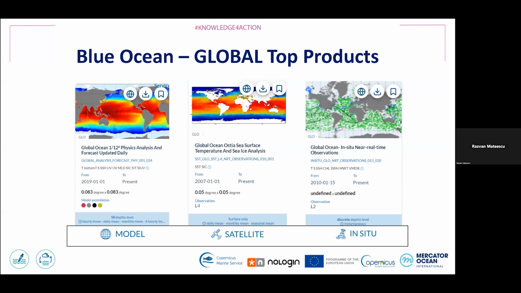And here for in situ data, you will find since 2010 a lot of observation at the level of pre-processing. So you find the data which you may process in your specific domain and your area of interest.